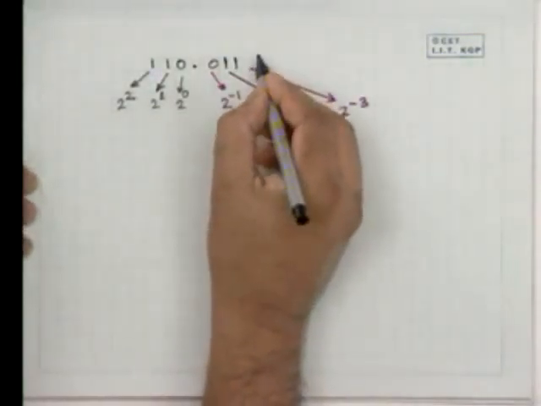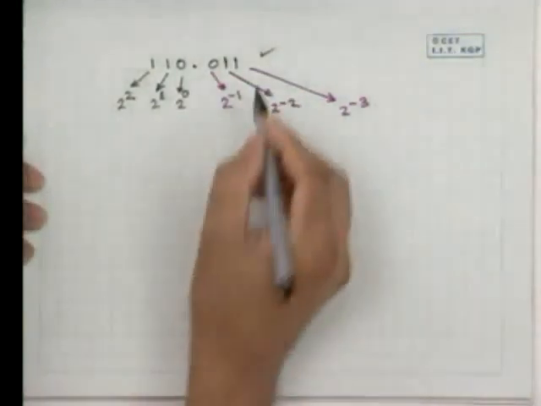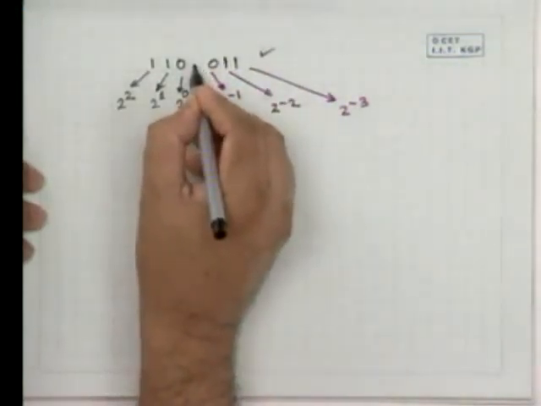This is a binary number with a binary point.